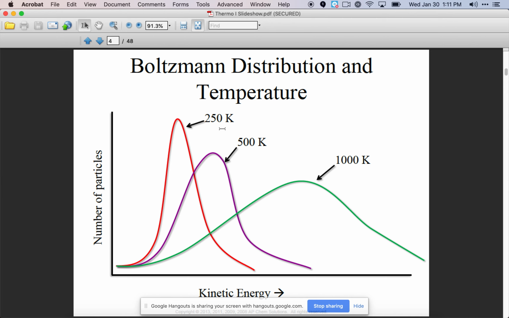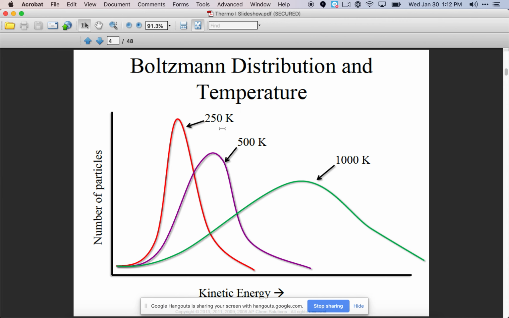So it's more spread out, right? Okay, so the colder the substance, the more narrow the curve. And notice that you have more particles distributed over the curve for a hotter temperature.